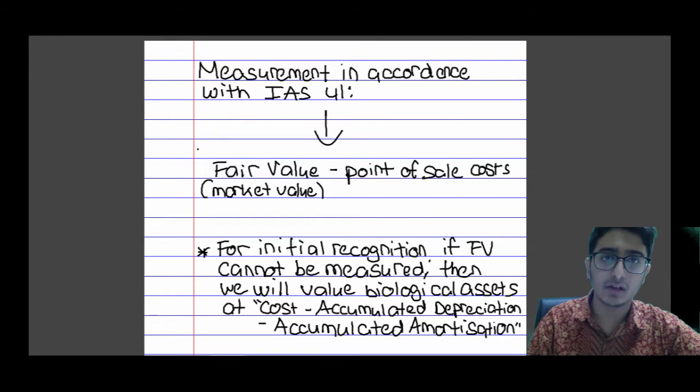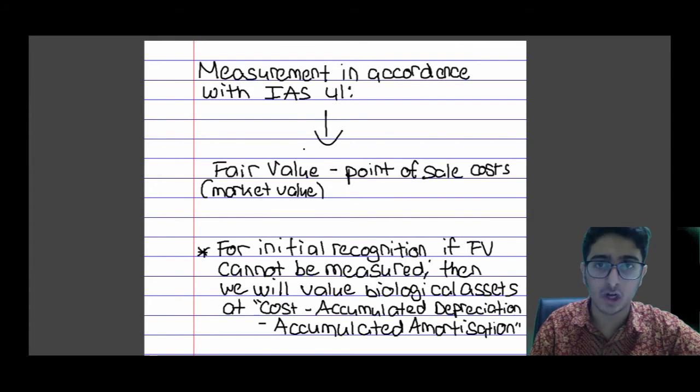But at the end of the day, we always have to value our biological assets at fair value minus point of sale cost, unless IAS 41 gives a special rule for initial recognition. When the fair value cannot be measured, then we will value it at cost minus accumulated depreciation minus accumulated amortization.